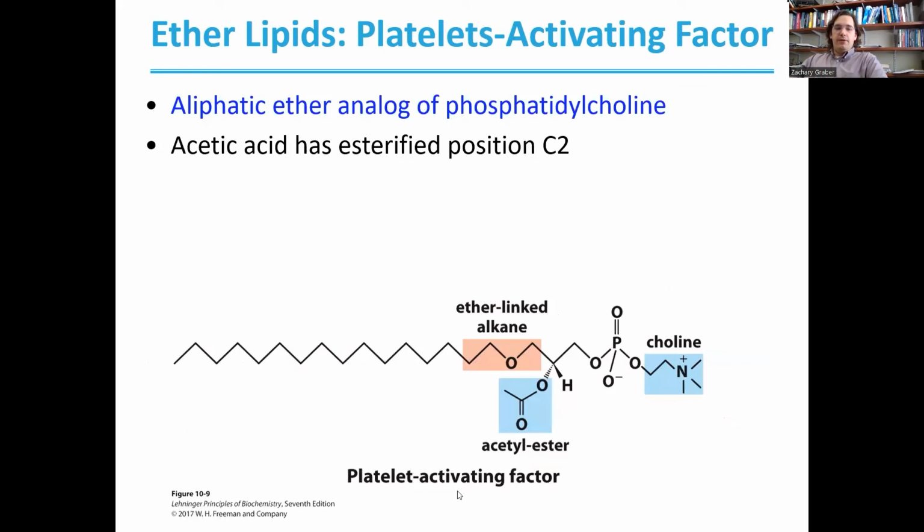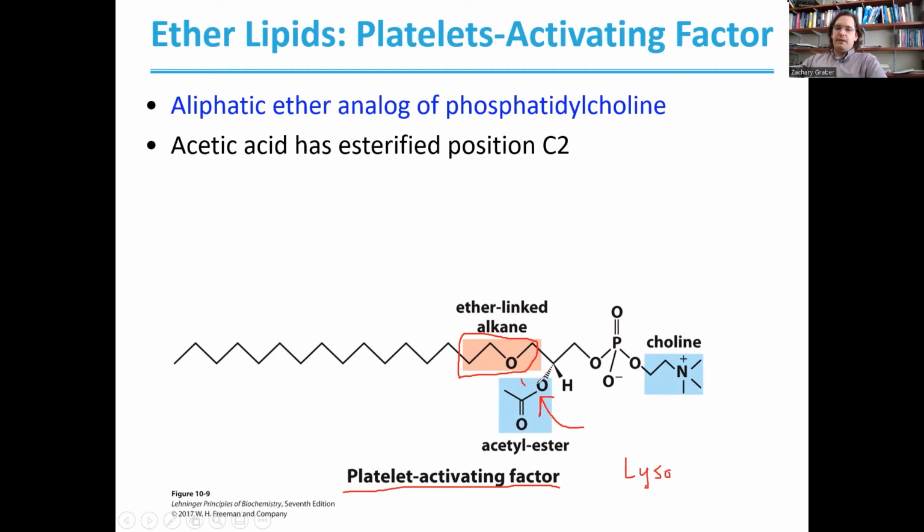One example of an ether-linked signaling lipid is our platelet-activating factor. So notice we have our ether-linked carbon chain here, and then we have an ester-linked group at our second position, although this is an acetyl ester and not a real long fatty acid. You might recall this platelet-activating factor was one of the byproducts of our lysophospholipids that we looked at as a product of our phospholipase A2.